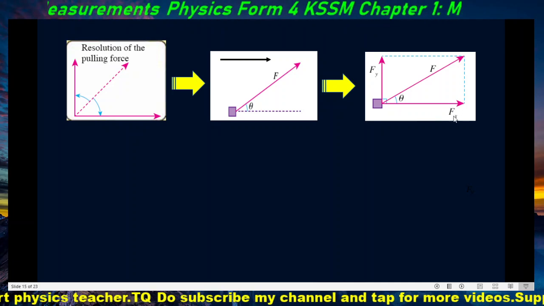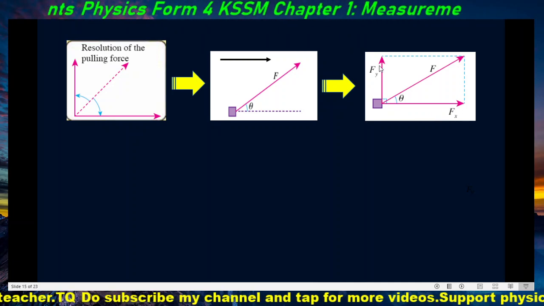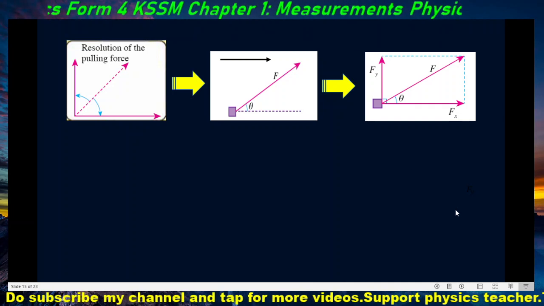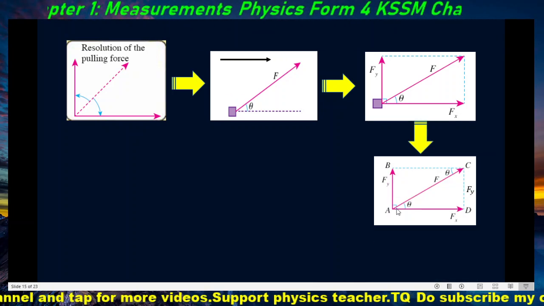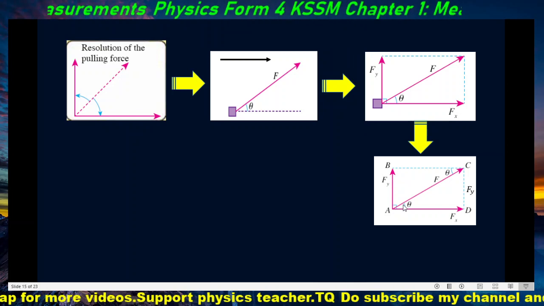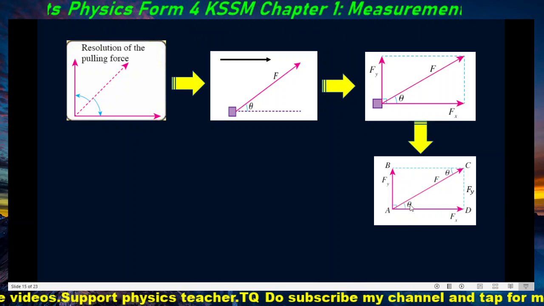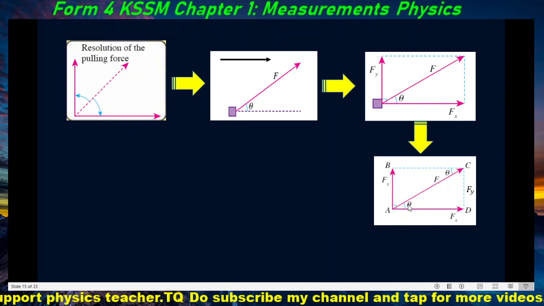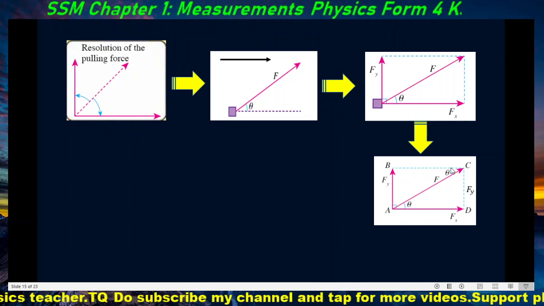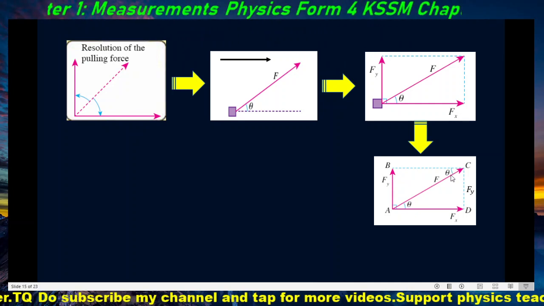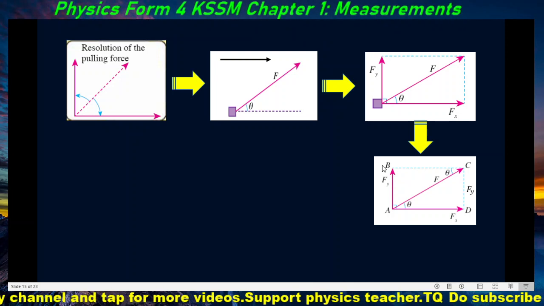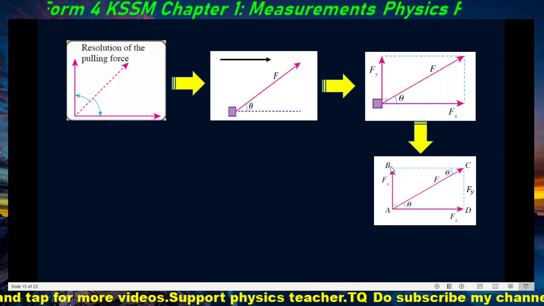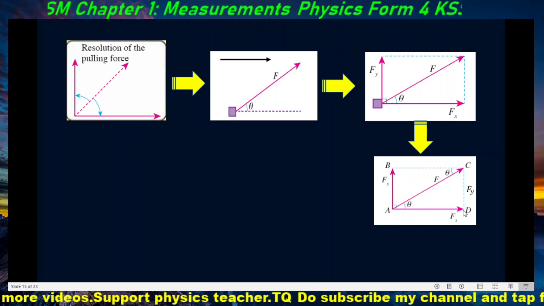Horizontal component Fx and vertical component Fy. Okay, look at the angle here. This is angle theta. So you can see if here is theta, the angle here is also theta. Let's label this one as ABCD. So you can see this is a rectangle.